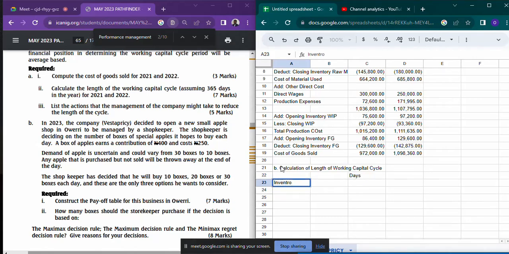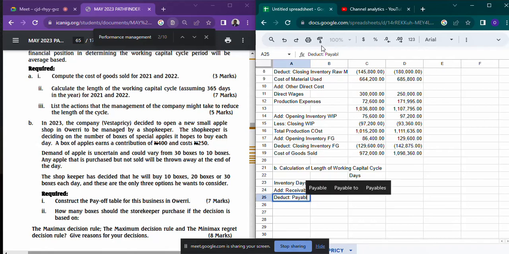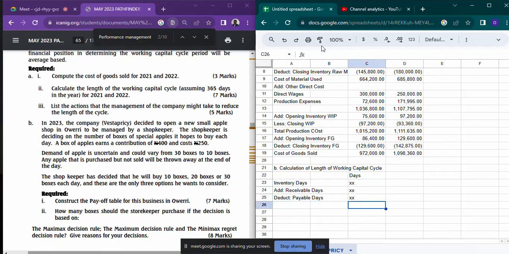The working capital cycle is inventory days add receivable days and then deduct payable days. Do you get it?